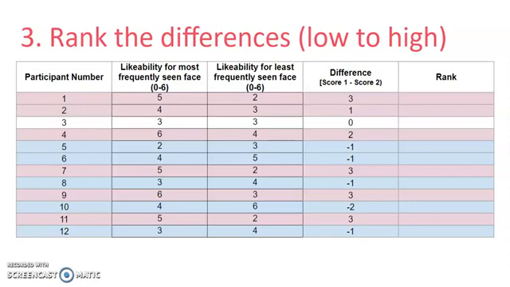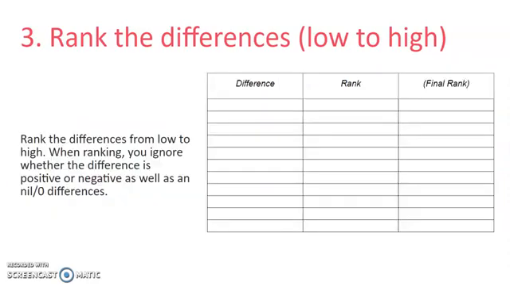What we need to do is rank all of the difference values in order from smallest to highest, and when we do that for Wilcoxon, we ignore whether it's a positive or negative number. So I've drawn up a little table to help me do that. I'll transfer all the differences without the signs if they're negative and put them in order from smallest to largest. So we've got 1, 2, 3, 4, 5 1s, 2 2s, and 4 3s.